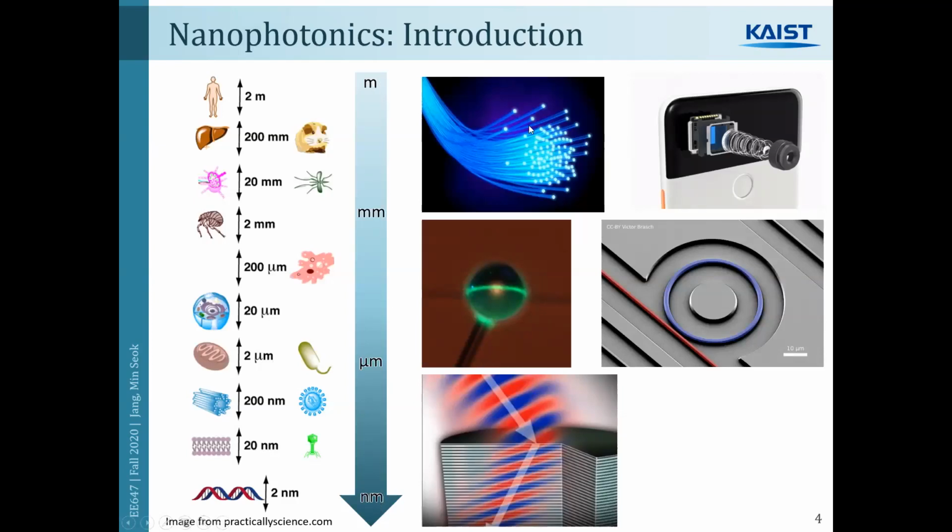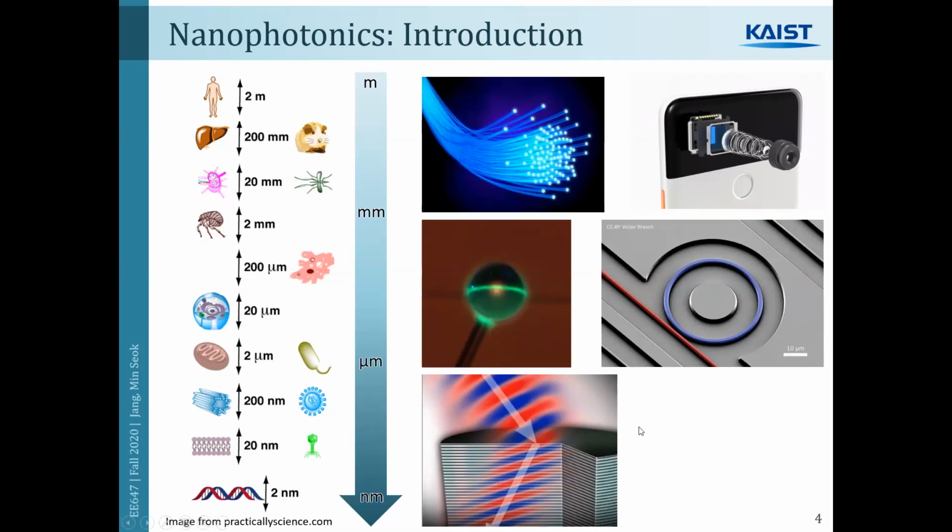You can see here the centimeter or millimeter scale, like optical fiber and camera lenses, which are macroscopic objects. And if you go down here, these are the applications of what is called microphotonics. The sizes of these resonators are about a few hundred microns, or sometimes even a millimeter.